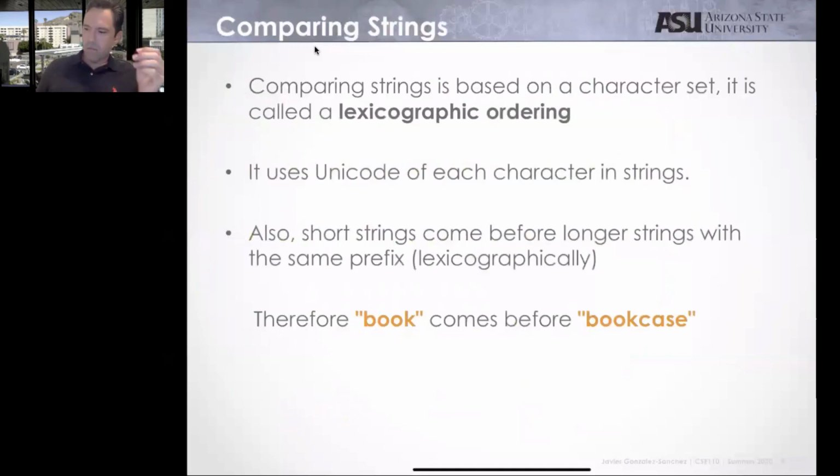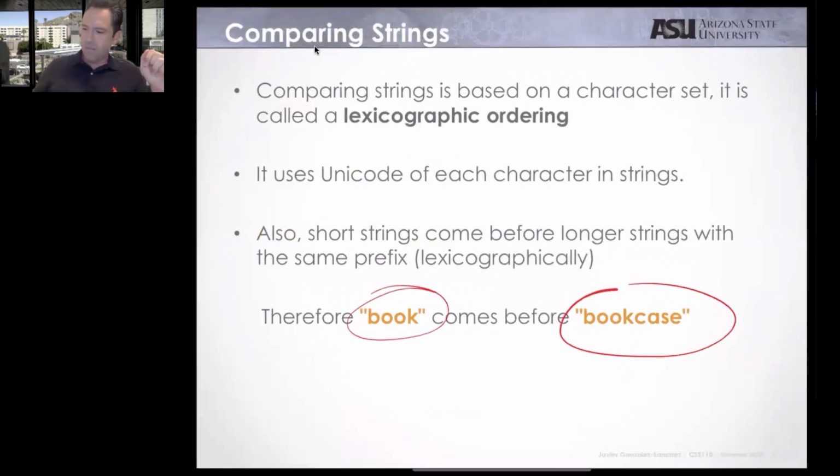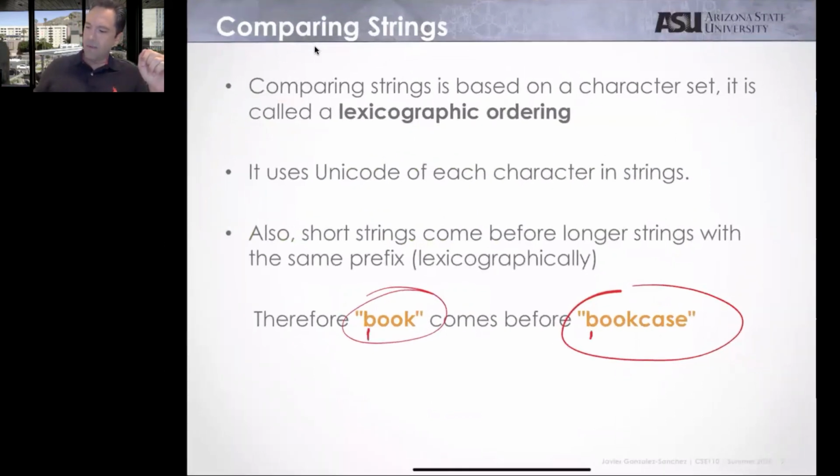So, which of those two is the smallest one, according to all the explanation? Why? The same, the same, the same, but then this one has more letters, and this one does not have more letters.